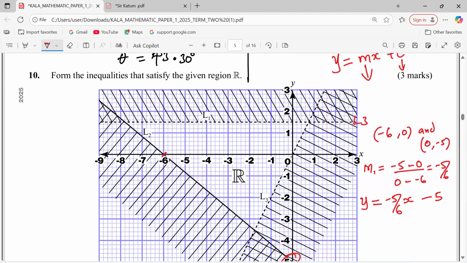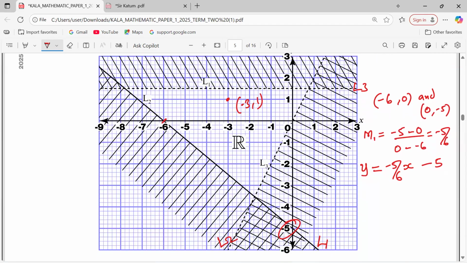Now, with the first equation, we're supposed to establish the inequality sign for this particular line. How do we move about that? We can identify a coordinate which is in the required region. Look at a coordinate like this. This is coordinate -3, 1. So we substitute x with -3, 1 with y.